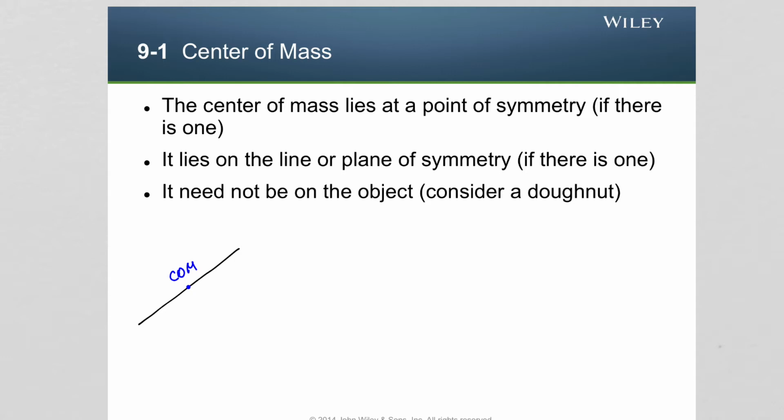The center of mass also lies on a line or a plane of symmetry. For example, for a rectangle, the center of mass will lie at the intersection of the two diagonals.